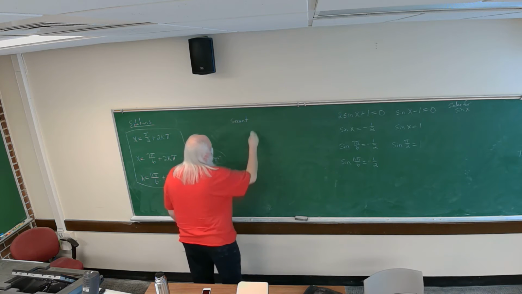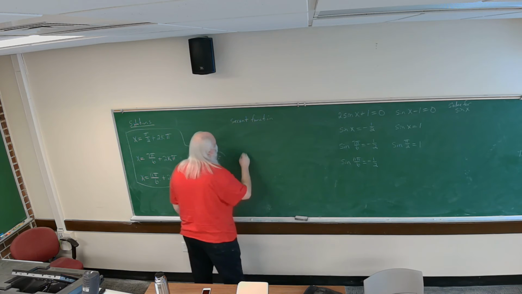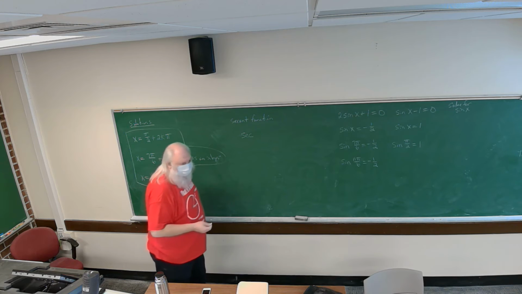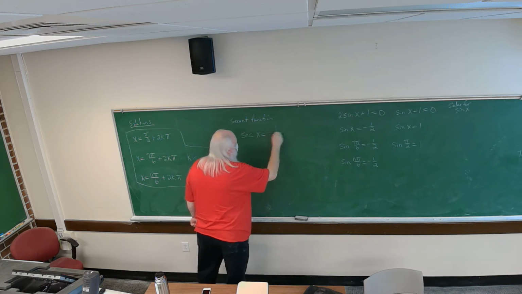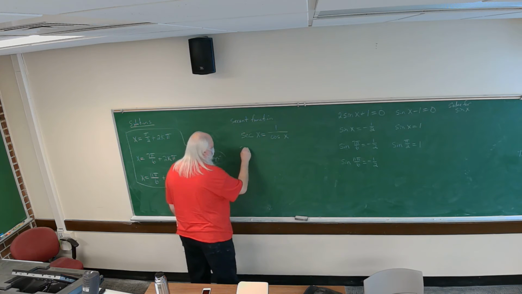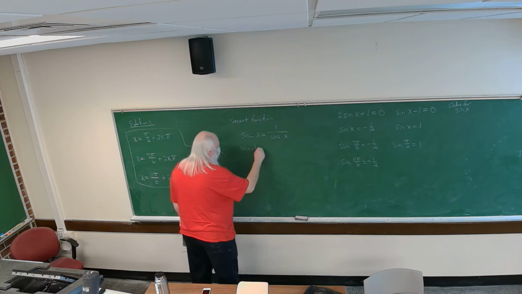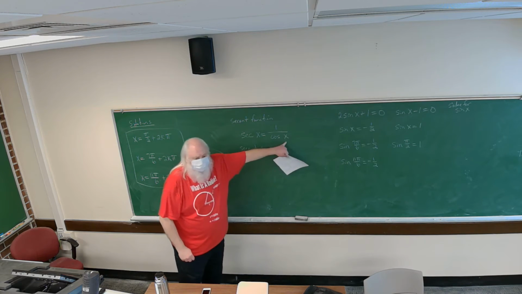The secant function, which is SEC for short. The secant of x is the reciprocal of the cosine function. So this is pronounced secant of x, and this is pronounced cosine of x.